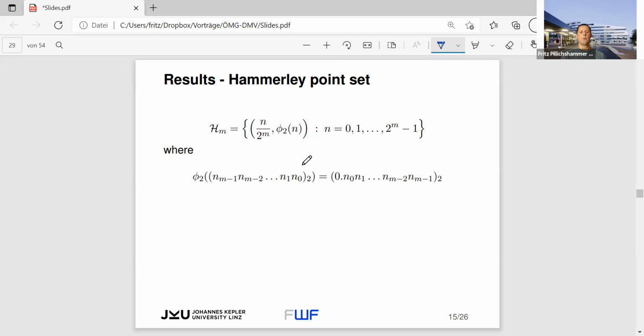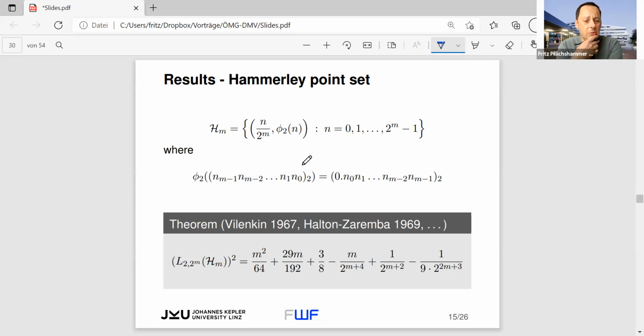So this is the Hammersley point set, and the Hammersley point set is very well studied in discrepancy theory. We have a lot of very accurate results about distribution properties of the Hammersley point set and of variations thereof. And in particular, there also exists an exact formula for the squared L2 discrepancy of this point set that you can see here.